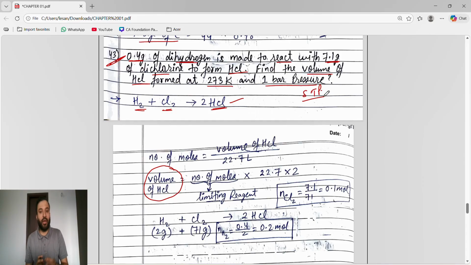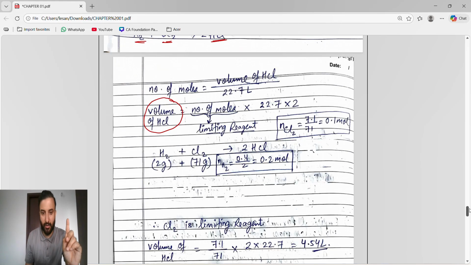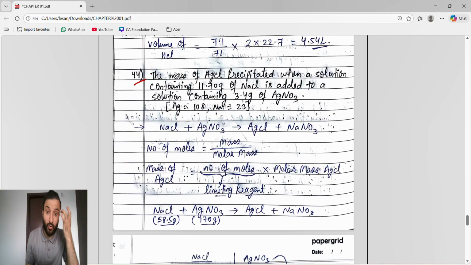So guys, the first thing: they had given 0.4 gram dihydrogen, H2, reacting with 7.1 gram dichlorine, H2 plus Cl2 to form HCl. This reacts with this, and we get something. Find the volume. Second, you have to find the mass of AgCl. There, find the volume; here, find the mass.